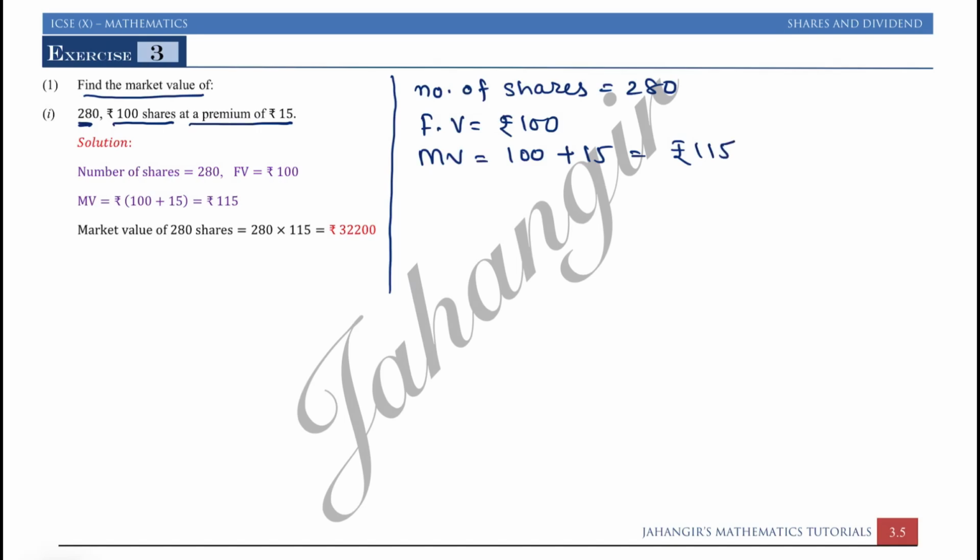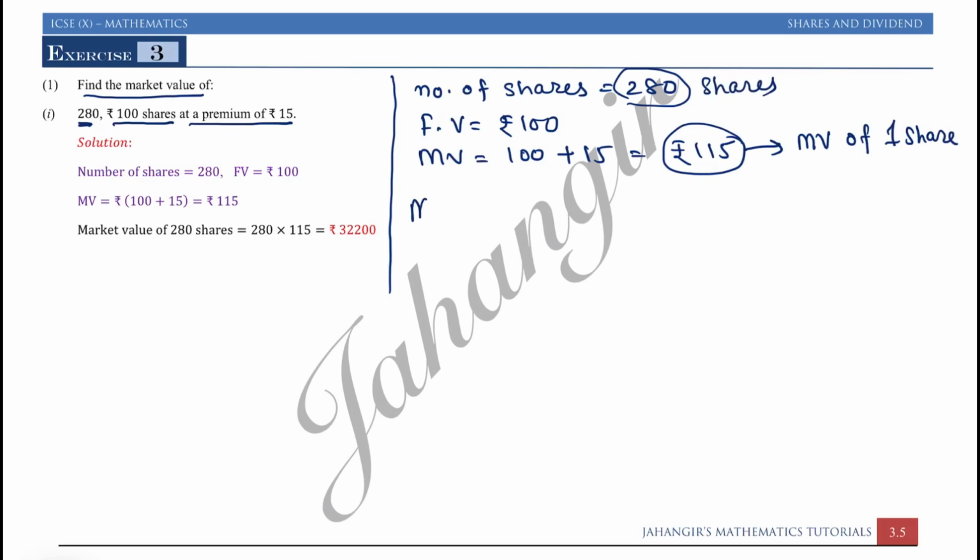So you have to find the market value of how many shares? 280 shares. 115 is the market value of one share. You have to find the market value of 280 shares.